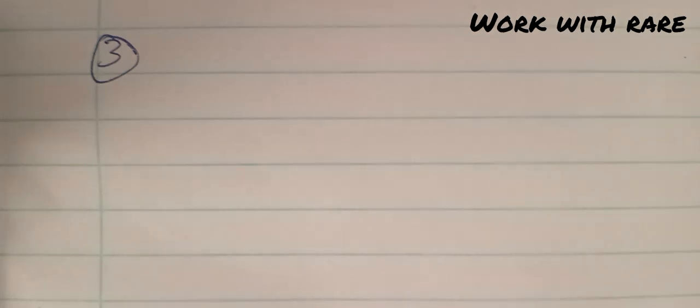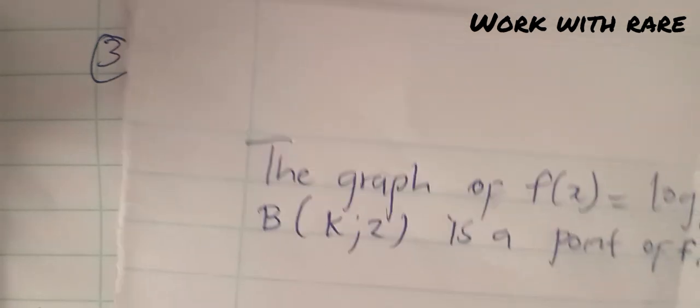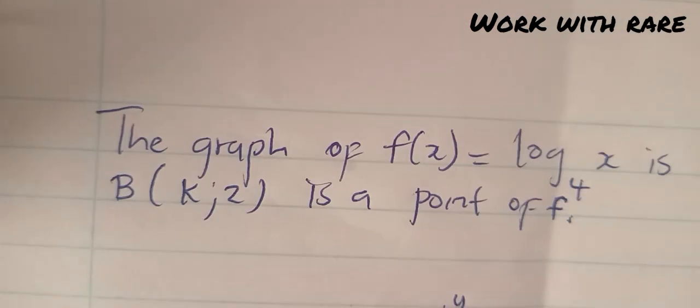Remember, when we want the equation for the inverse, we should swap the x values and the y values, because normally it will be x and y, right? So you have to swap. Now here we are given the log. Remember, our equation is this here.